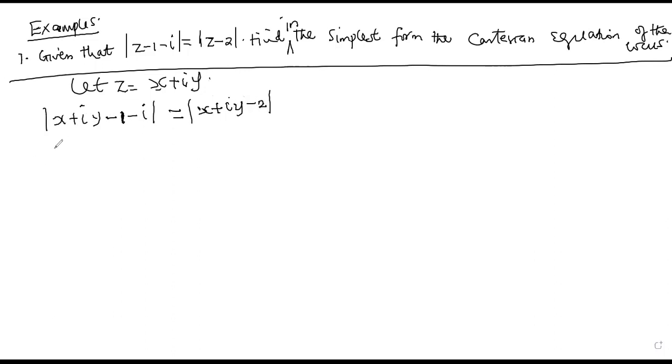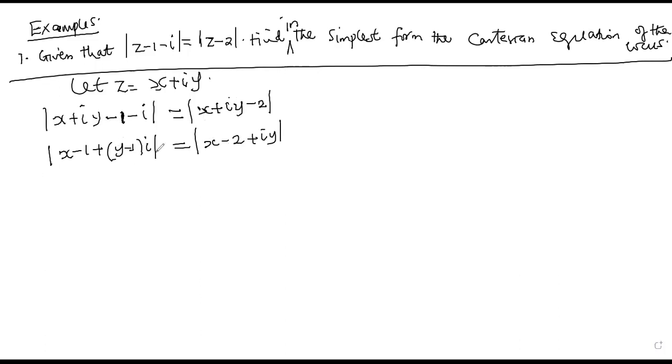So this will be x minus 1, correct the real, plus imaginary, y minus 1 after factorizing, then i. This is equal to, correct the real, x minus 2, then plus iy.